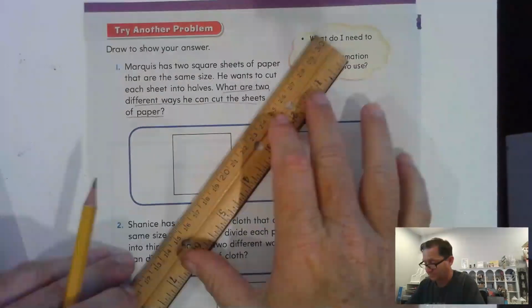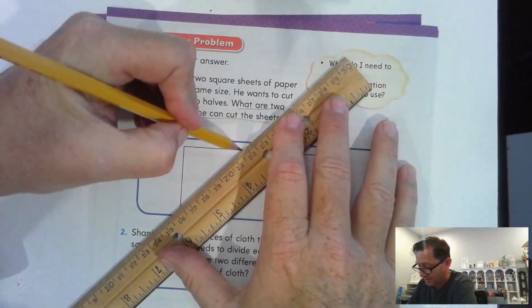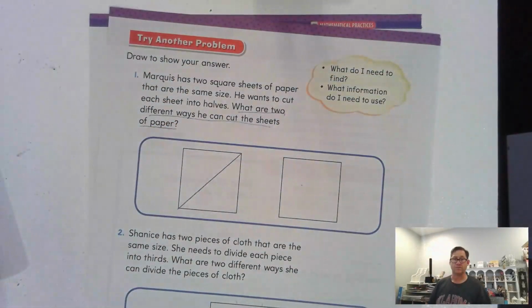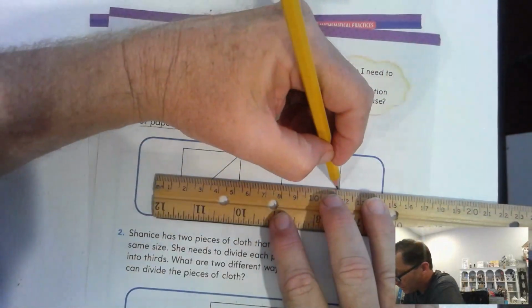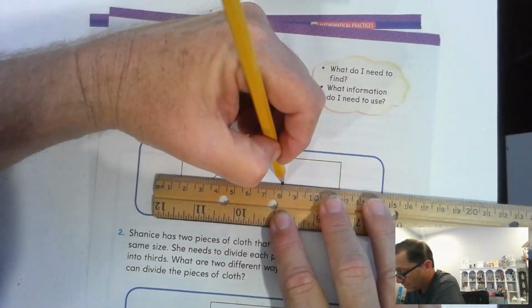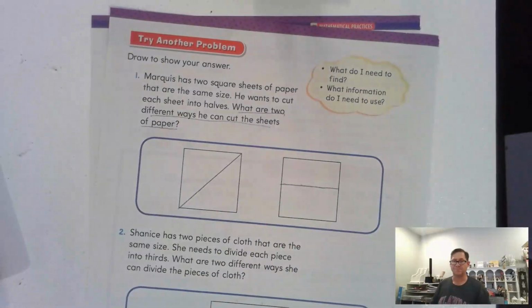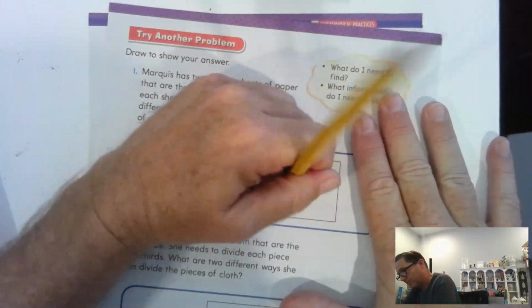Well, the easiest way to do this one is just take one corner to the other corner. That's one way. We could also just cut it into top and bottom. A little high, huh? Let's go a little lower.